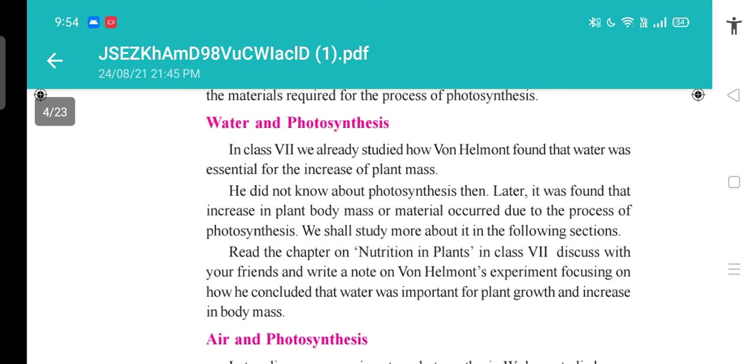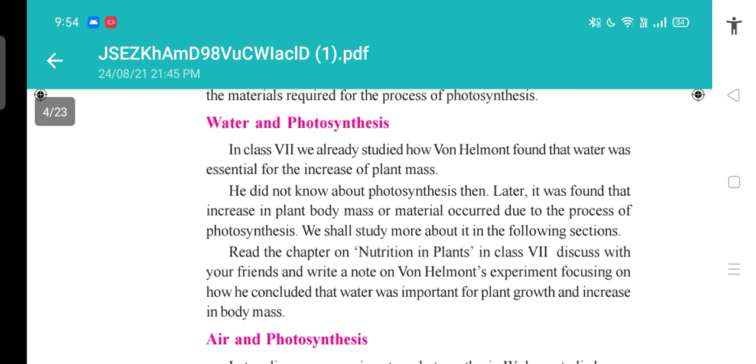He did not know about photosynthesis then. Means when this experiment was being done, they all didn't know that photosynthesis existed. Later, it was found that the increase in plant body mass or material occurred due to the process of photosynthesis. In this Van Helmont experiment, all thought that water plays a key role in the increase of mass in the plant.